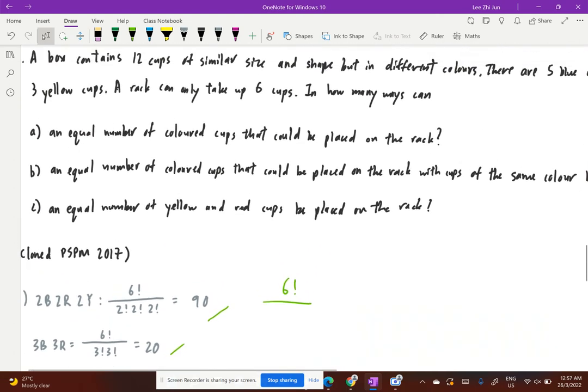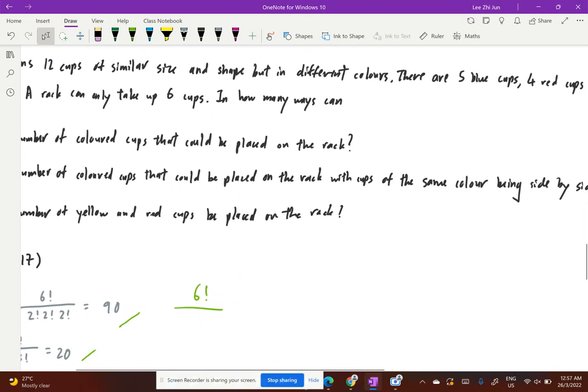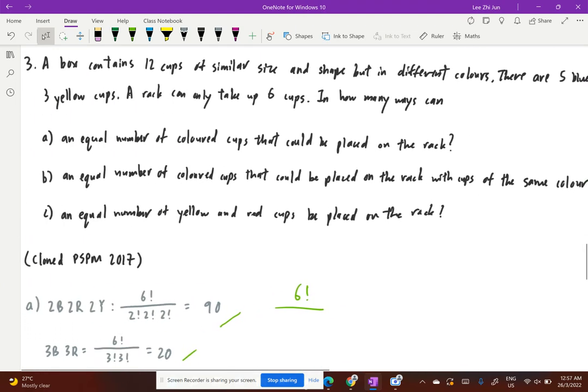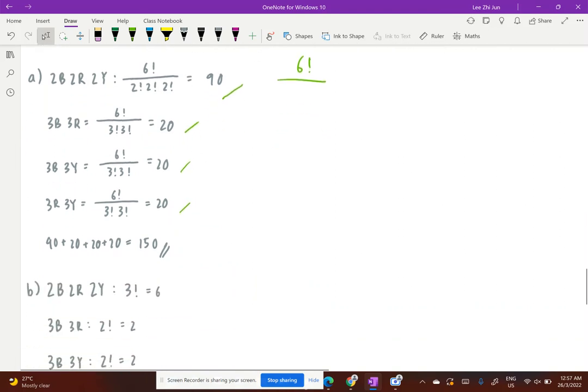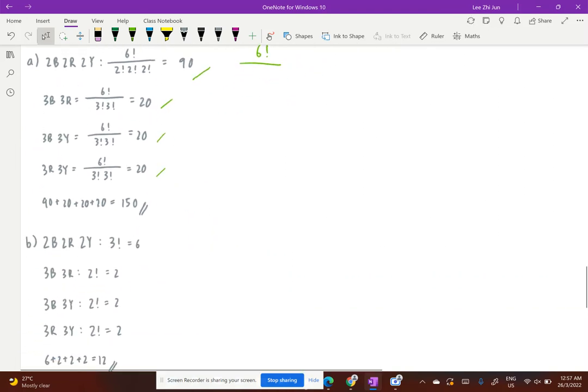B. An equal number of each color of cups placed on the rack with cups of the same color being side by side. Just side by side, you just consider it as 2B, 2R, 2Y.